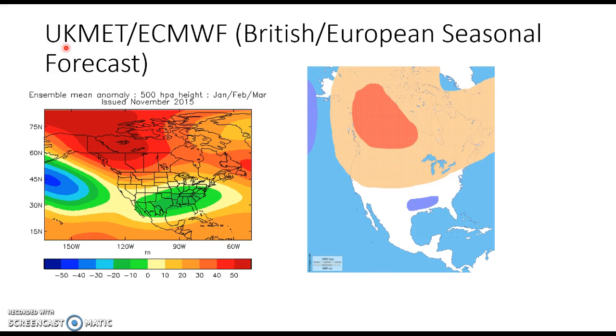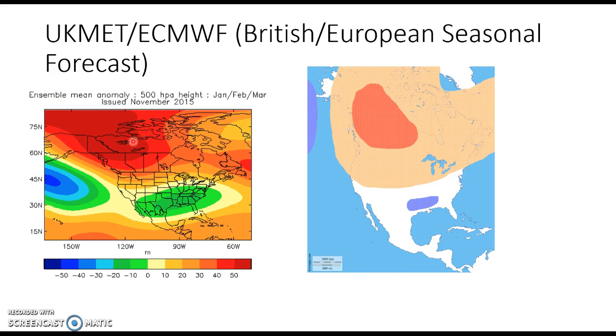So this is the UK Met and the Euro. I can't show the Euro, but I do have access to it, so this is what it looks like roughly. The UK Met and the Euro both show, once again, with the rest of the seasonal guidance, that Aleutian low right here, and it shows the West Canadian ridge.